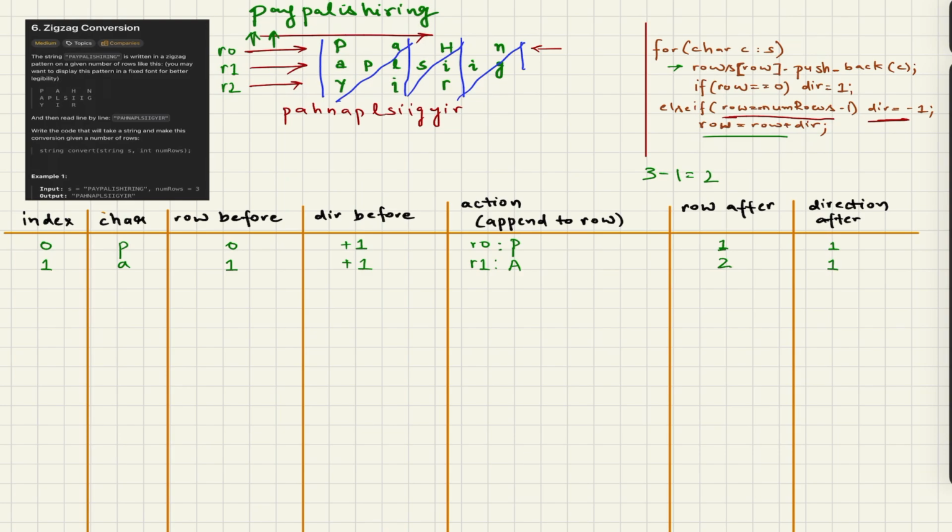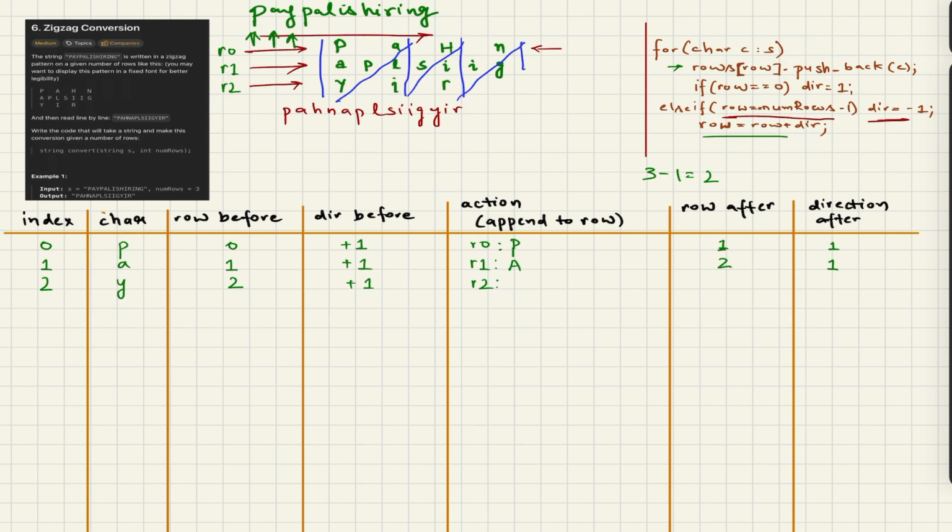Now again my index is 2. The character that I have in hand is Y. The row before this was 2, and my direction from the previous step was +1 itself.